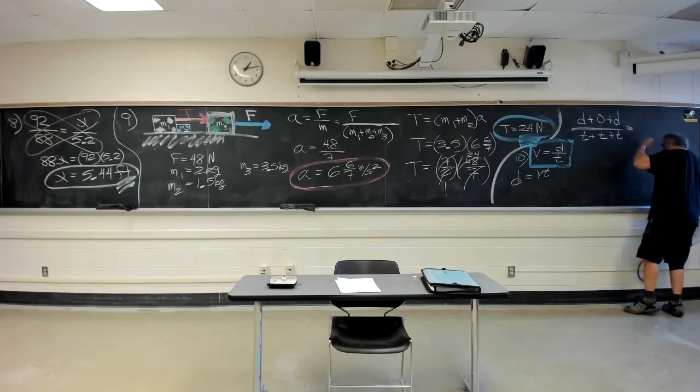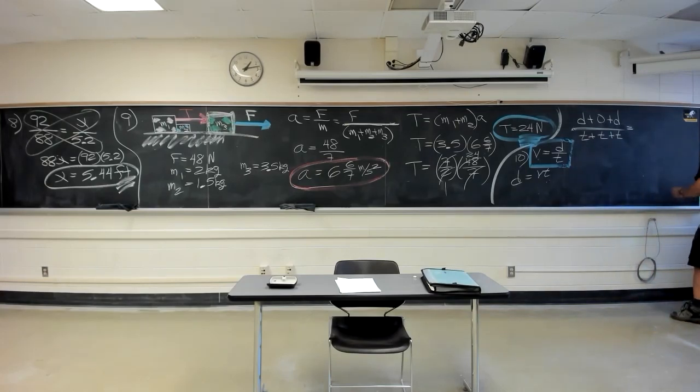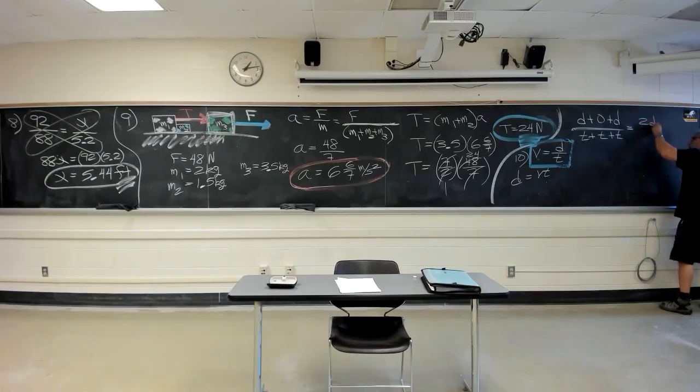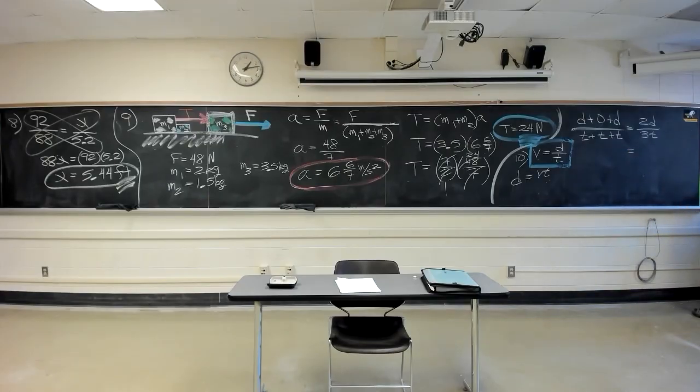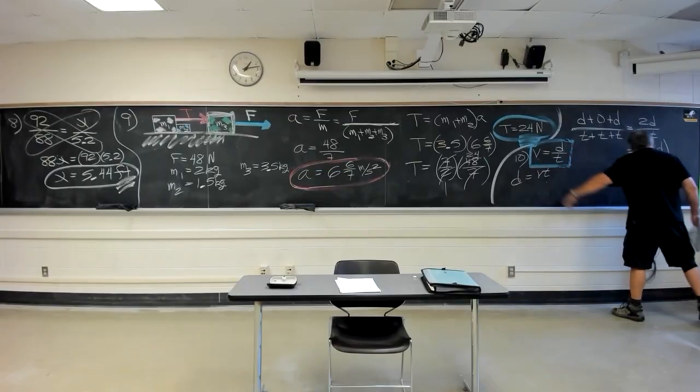The average speed associated with this is: add the tops, that's 2d, add the bottoms, that's 3t, and at the end of the day you've got 2/3 times d over t. Didn't we already make the claim that d over t was v?